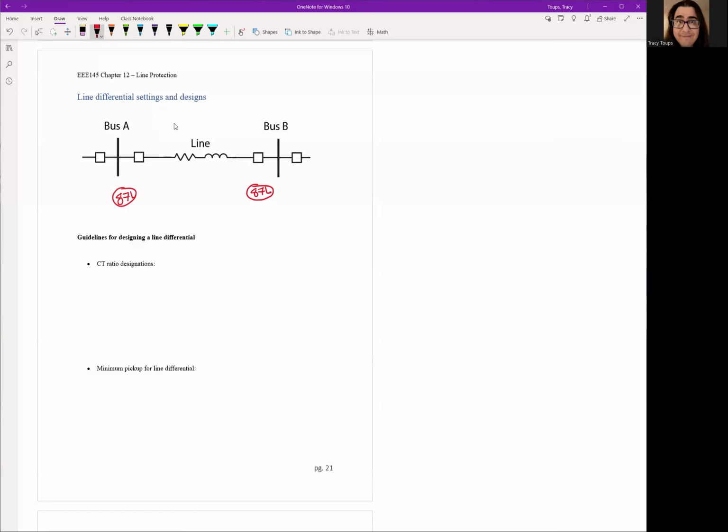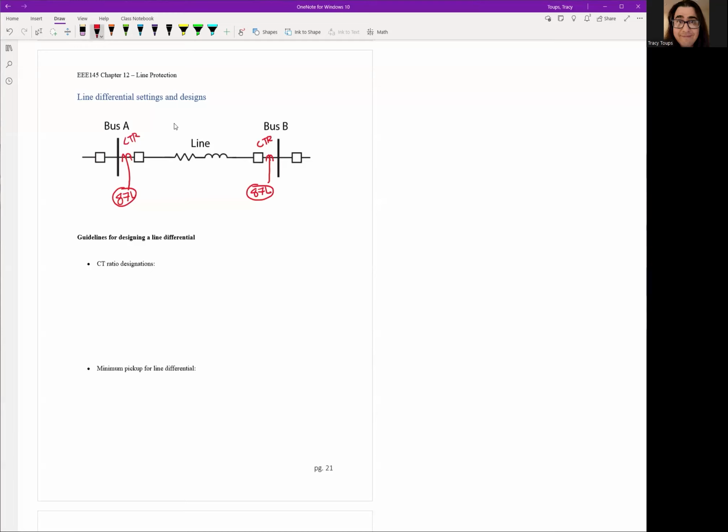Now, we need to have a set of CTs coming into the line and a set of CTs on the other side of the line. So at a minimum, we're going to need two sets of CTs. And remember, these CTs have a CT ratio, CTR. You need to figure out what the CTR is going to be.